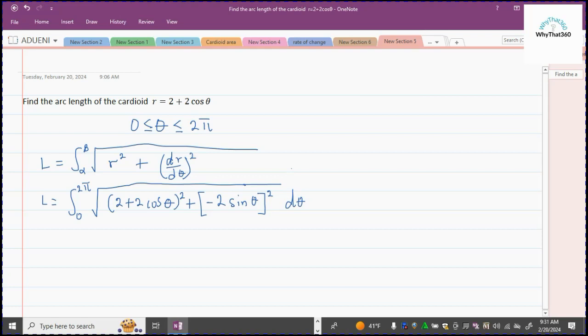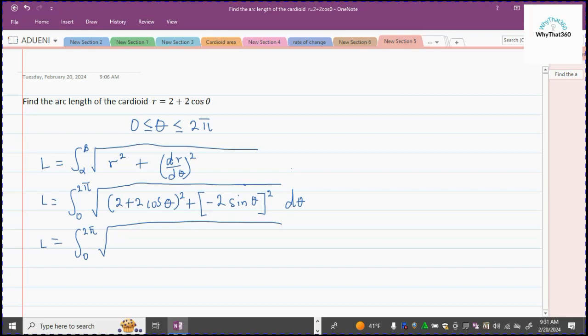So from there we will go ahead and integrate, simplify this square over here. We will say L is equal to still the integral from 0 to 2 pi, the square root of, then we will expand this.